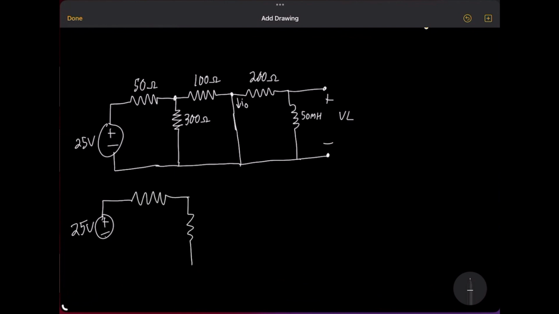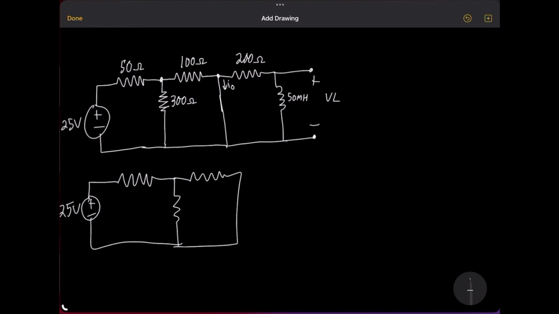Okay, so as I said, these circuits are like two different parts, 100, 300, and we needed to figure out what this new I of 0 is going to be, since that's what it wants from the problem. So the 100 and 300 are in parallel, so 1 divided by 100 plus 1 divided by 300. The reciprocal, we get 75. That'll be in series with the 50.